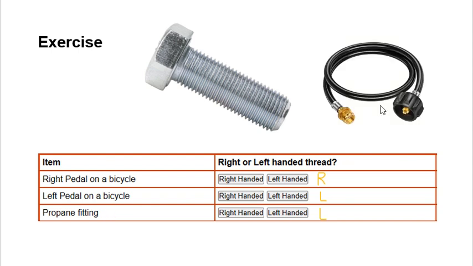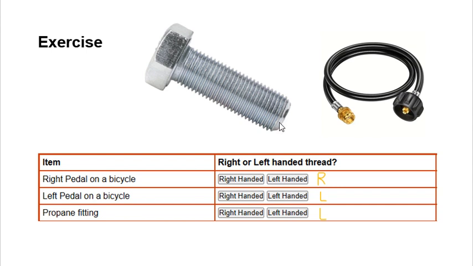So it looks like this, okay? So the propane fitting, you can see that, and that actually is a left-handed threading. It's a little bit difficult for you to be able to see it. They all look alike, even though one is a right hand or a left hand.